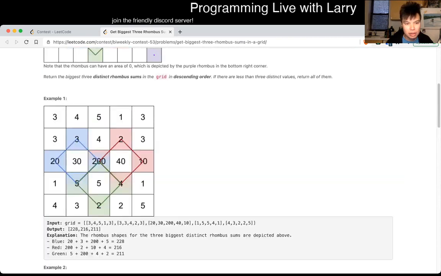Because then, if we want this to be 0, 0, and this is 0, 1. Paper again. Here.